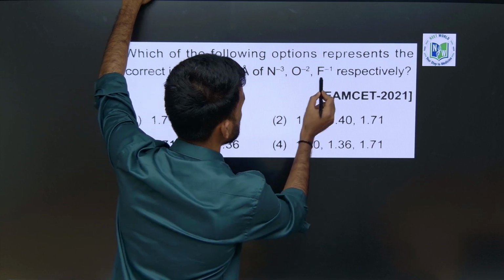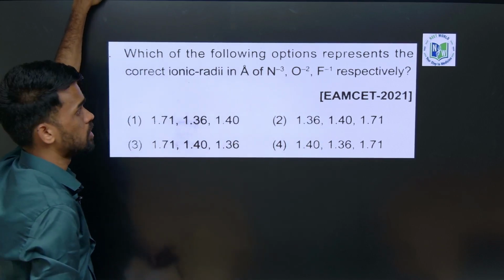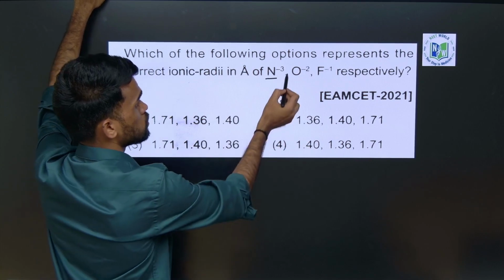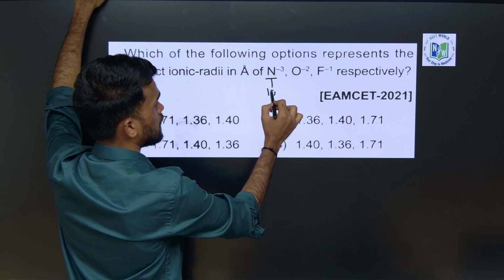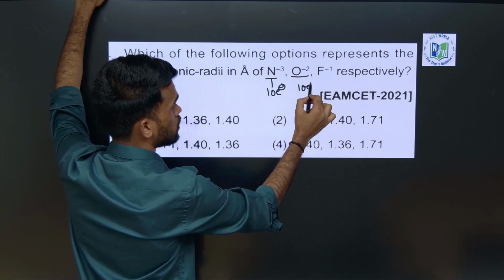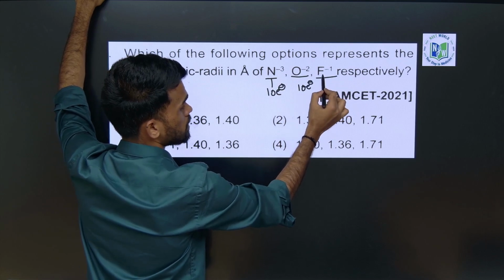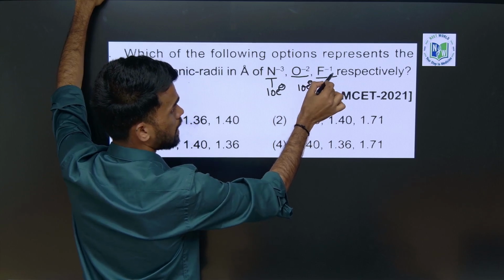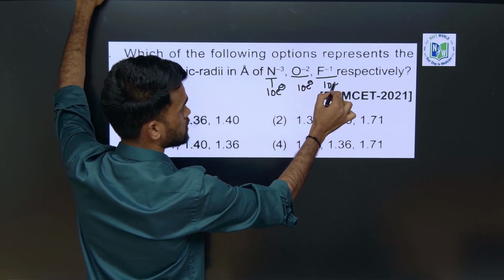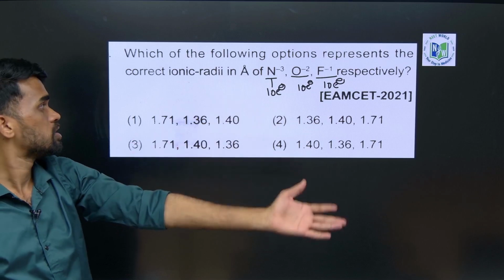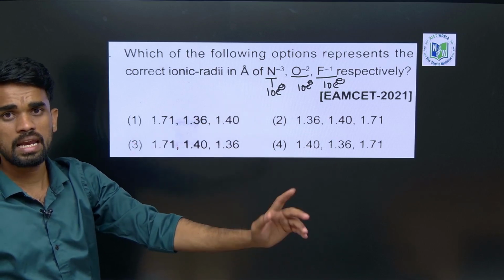Check whether these are isoelectronic species or not first. Here the atomic number for nitrogen is 7, so with minus 3 it has a total of 10 electrons. Oxygen atomic number 8, minus 2 means total 10 electrons. For F minus 1, 9 electrons are in the atom, but it is an anion, so plus 1 electron, so 10 electrons, this is also isoelectronic. So more negative charge, more size, more positive charge, less size.